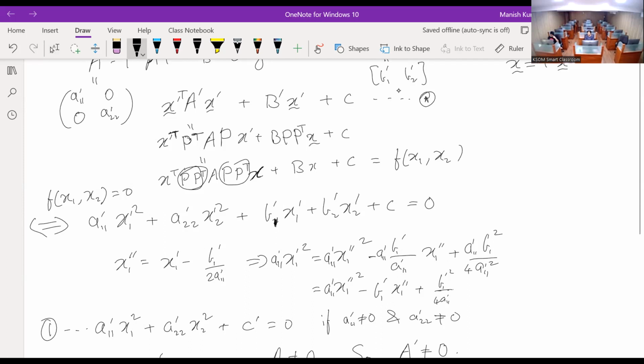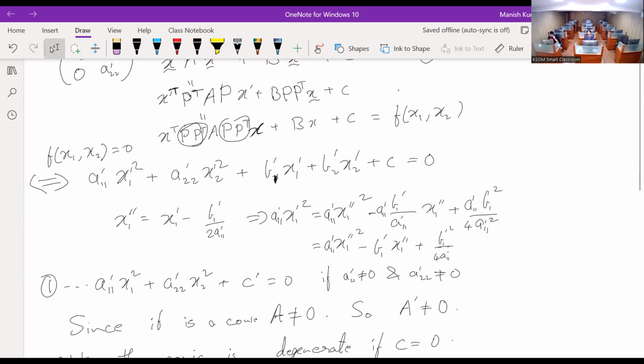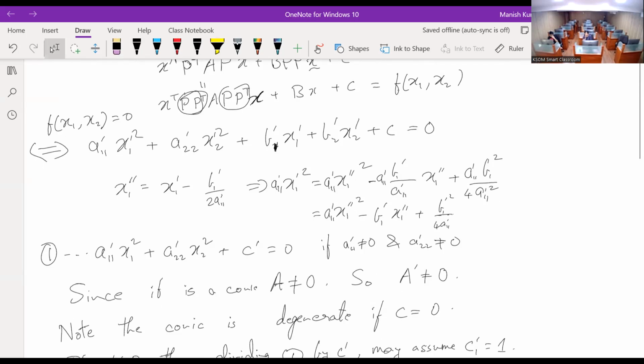I'm doing a translation by this point, and similarly for b2 and a22 prime we'll do a similar translation. These two terms, b1 prime x1 prime and b2 prime x2 prime, will get absorbed, but the constant c will change.